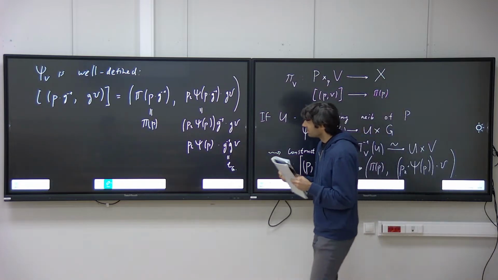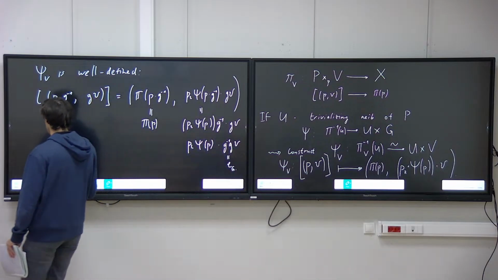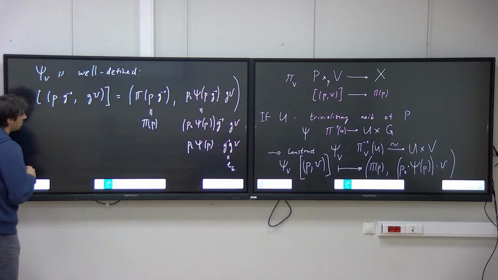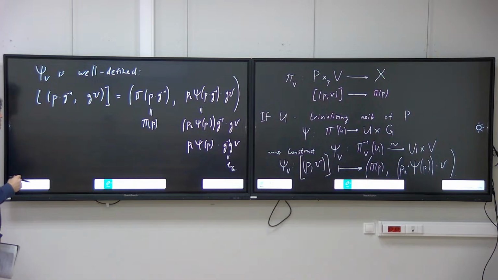Also you need to convince yourself that it is smooth, but it is, because here it is just projections, multiplications, all that stuff. So you cannot lose smoothness anywhere.